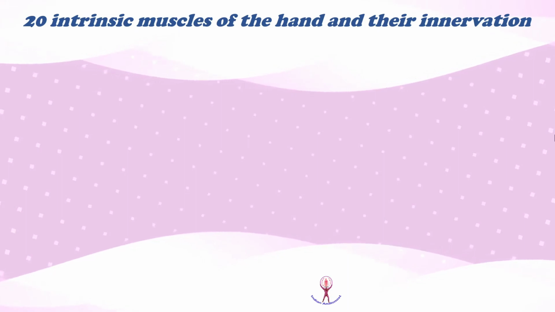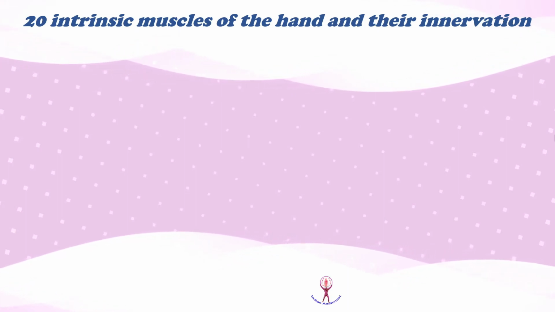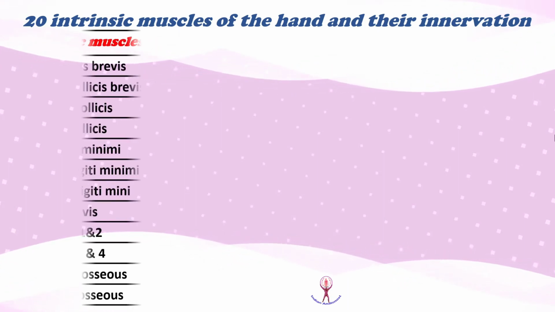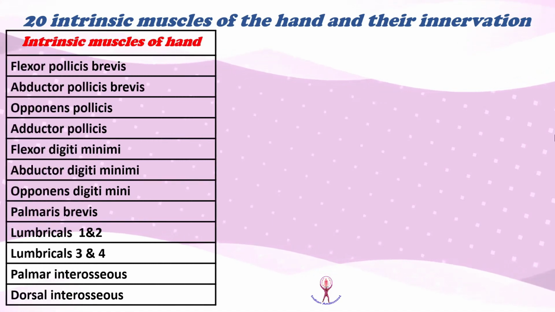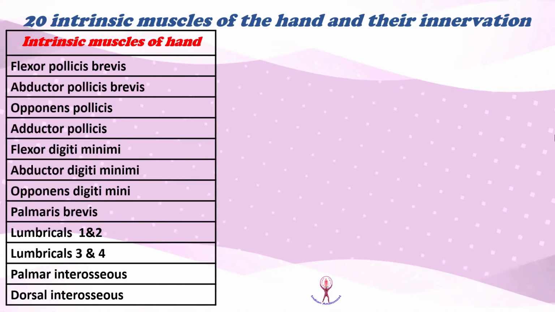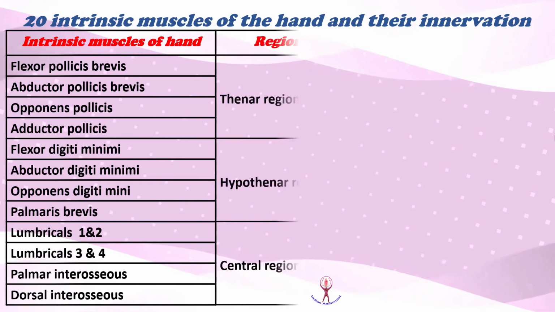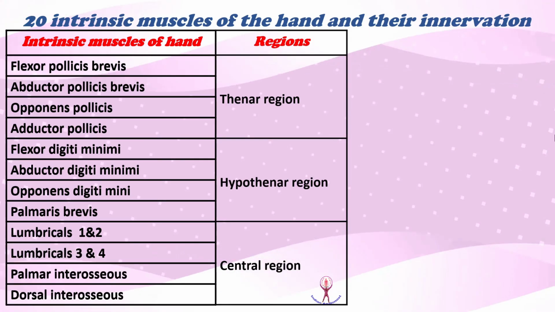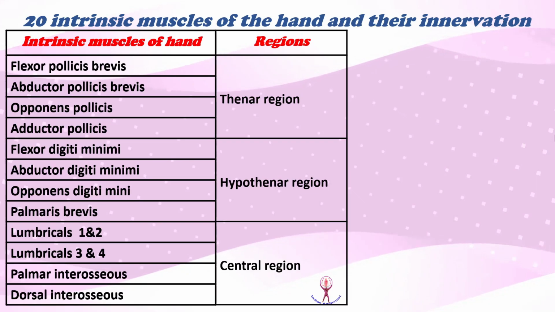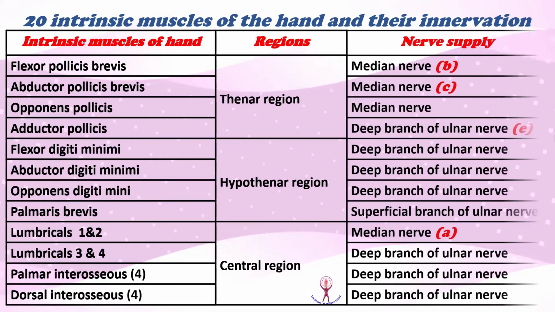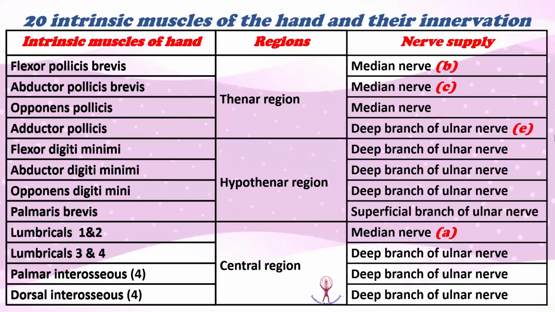Next, coming to the nerve supply to these muscles. 1. Median nerve supplies 3 thenar eminence muscles, while the deep branch of ulnar nerve supplies the adductor pollicis. 2. The 3 hypothenar muscles are supplied by the deep branch of ulnar nerve, while palmaris brevis is supplied by the superficial branch of ulnar nerve. 3.